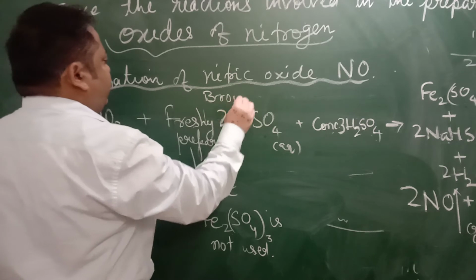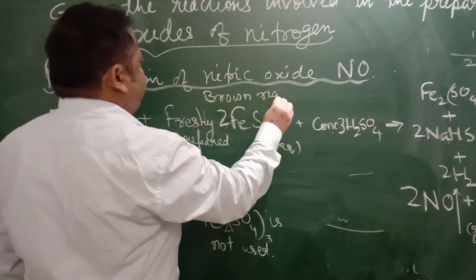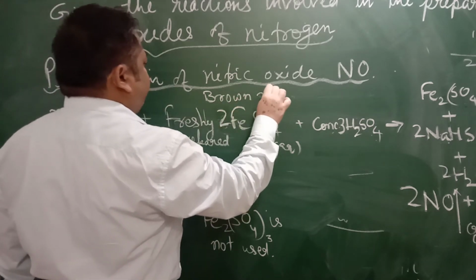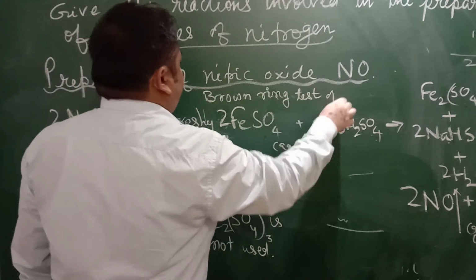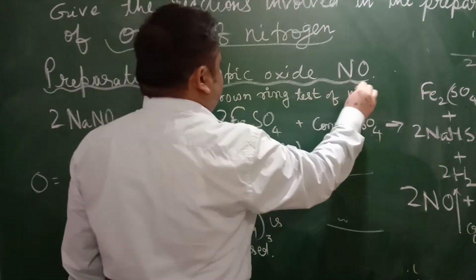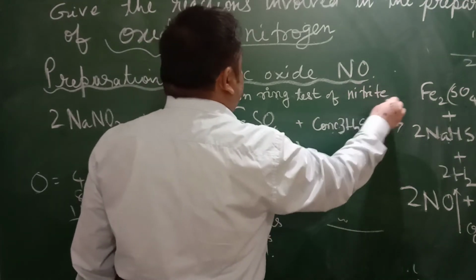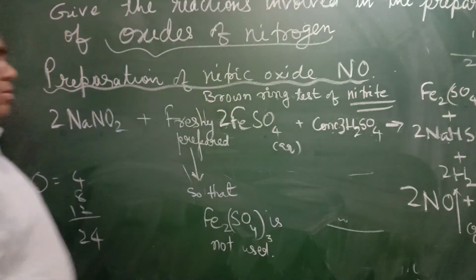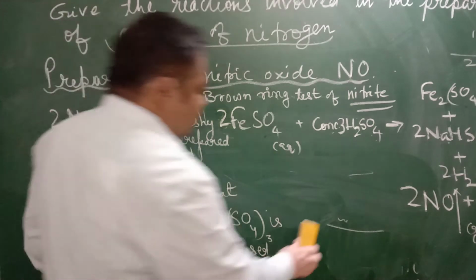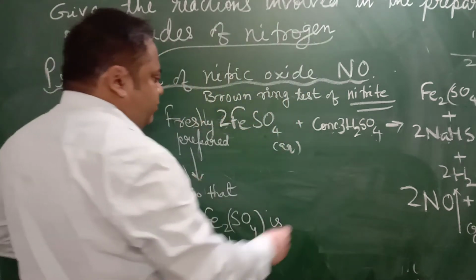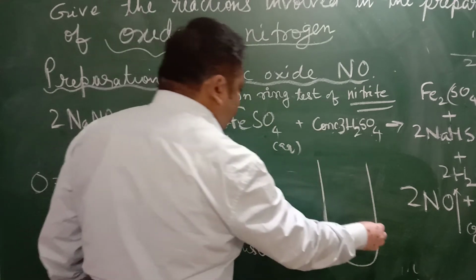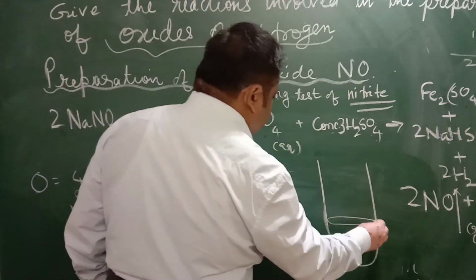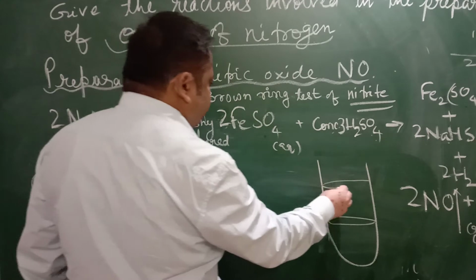nitrites. Brown ring test of nitrites. In anion analysis, you must have done this test. What happens? This NO gas is found in the junction of oleum, concentrated H2SO4 and FeSO4.